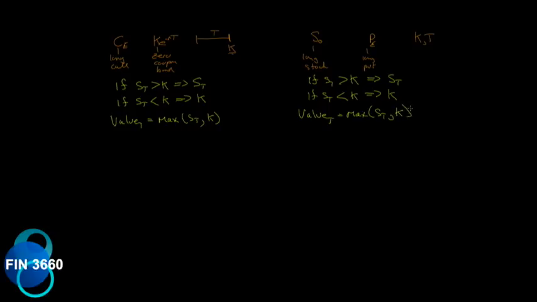Well, what we have here are two portfolios with identical future values. If the stock price is above the strike price in both conditions, we'll have the stock price. If the stock price is below the strike price in both conditions, we'll have the strike price.